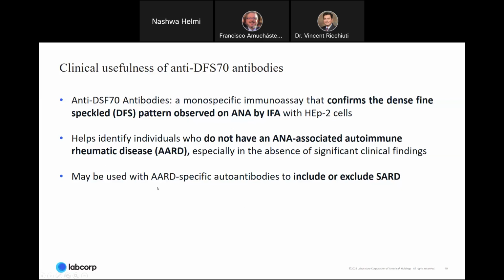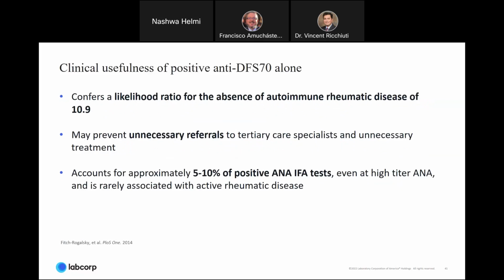Maybe it can also be used together with ANA-associated rheumatic disease-specific autoantibodies to include or exclude systemic autoimmune rheumatic disease. We also talked about the likelihood ratio for the absence of autoimmune rheumatic disease of 10.9 using the anti-DFS70, which may prevent unnecessary referrals to tertiary care specialists and unnecessary treatment.